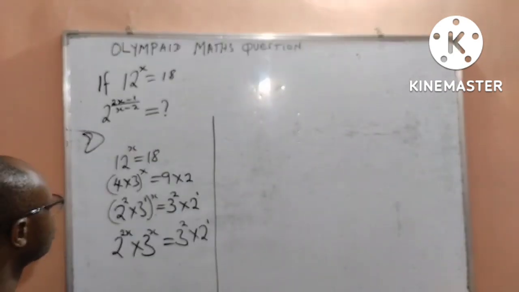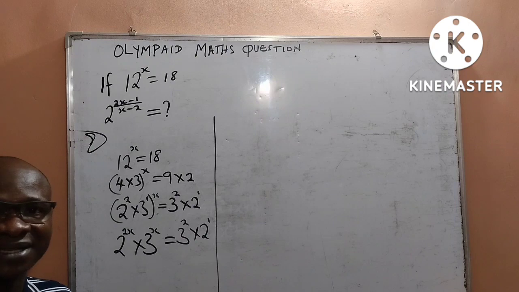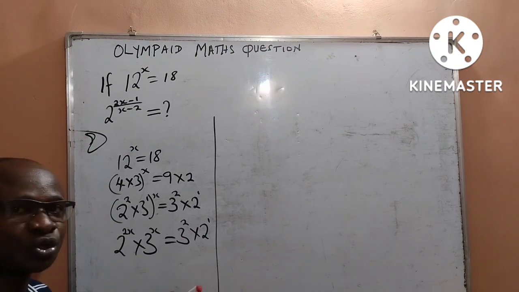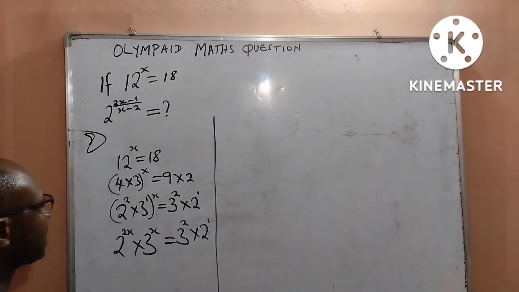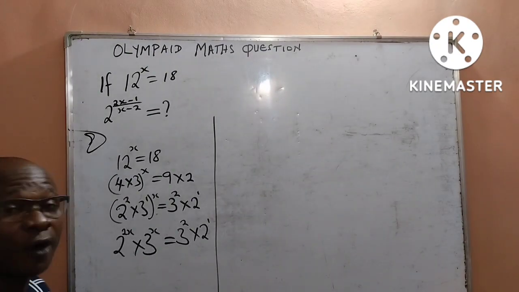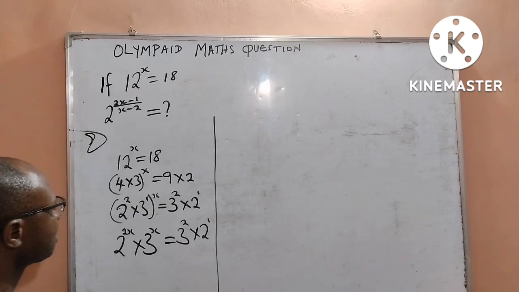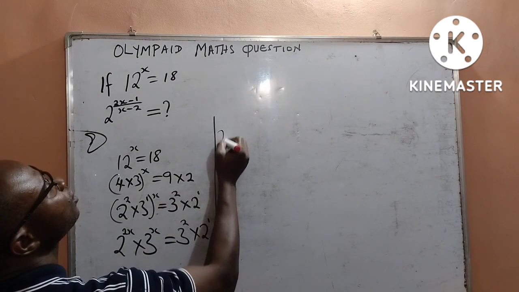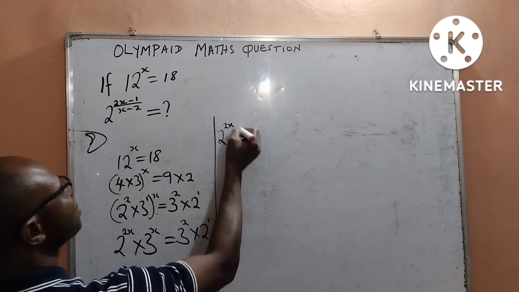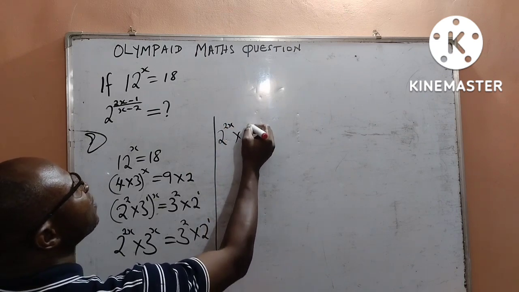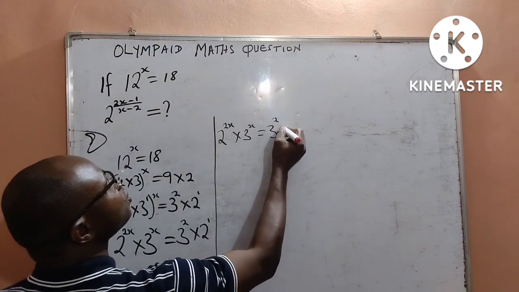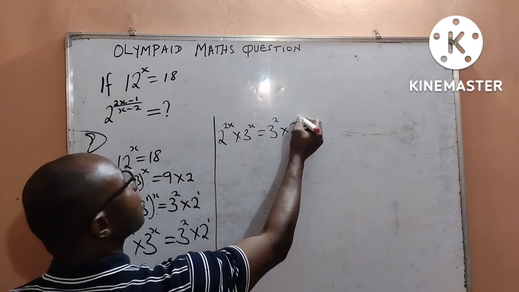Next target is to factor it, to organize it such that the base 3's will be on one side and base 2's on the other side. Either base 3 to the left and base 2 to the right, or base 2 to the left and base 3 to the right. So to organize that, I will now write that 2 raised to the power 2x multiplied by 3 raised to the power x equals 3 raised to the power 2 multiplied by 2 raised to the power 1.